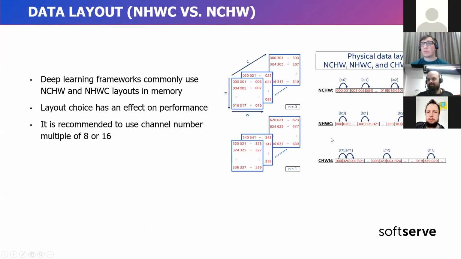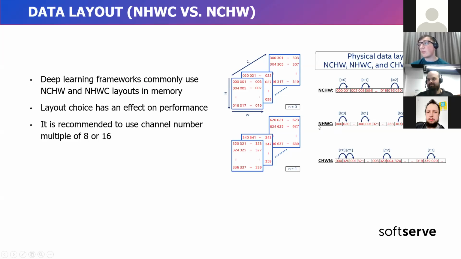Another class of optimization is data layout optimization, or graph optimization. The first thing you may try with a neural network is to change the data layout. Data layout usually affects how data is stored in memory. For example, for the NHWC layout, firstly, I should mention what NHWC is.